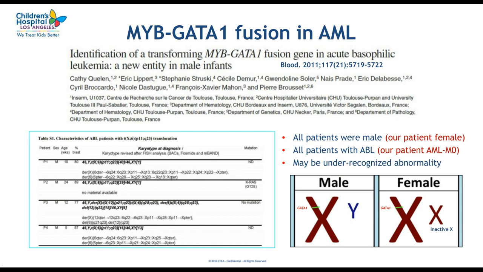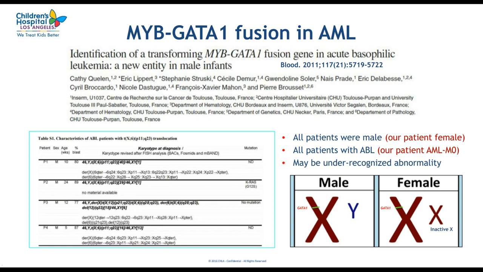And so we really think that this is not going to be restricted just to male patients, and that this might be an under-recognized abnormality, because when you only study these cases by karyotype, and since the genes are in opposite orientation, a simple translocation is not going to result in a productive fusion.